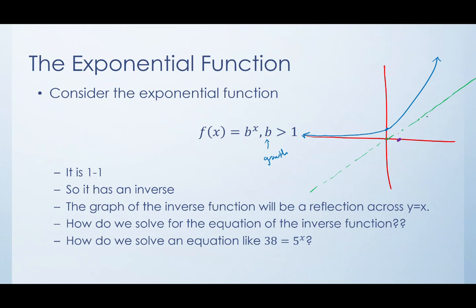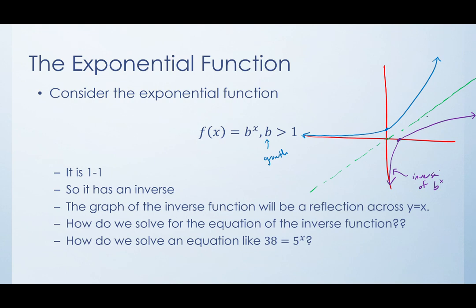And instead of a horizontal asymptote, we would have a vertical asymptote. I didn't even draw my y-axis correctly, but whatever. So we'd expect something looking like this. So this will be our inverse of b to the x, right?